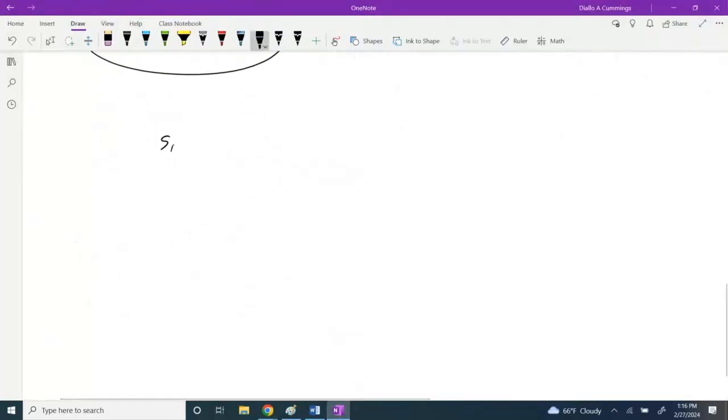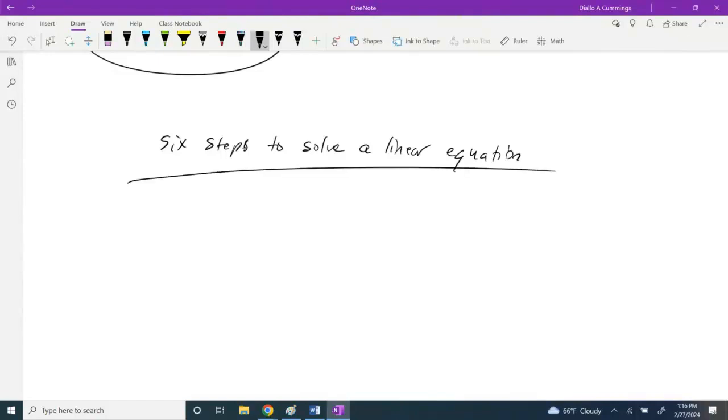So here are the 6 steps to solve a linear equation. The very first step is to remove fractions. So that's the first step.